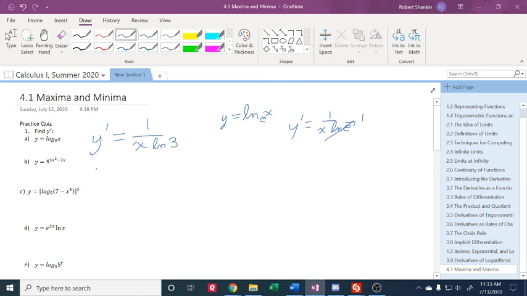All right, in part B, y prime, the derivative of e to the x is e to the x. So this becomes similar. It stays the same.